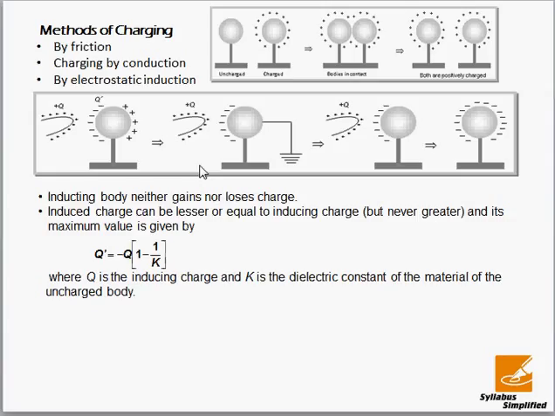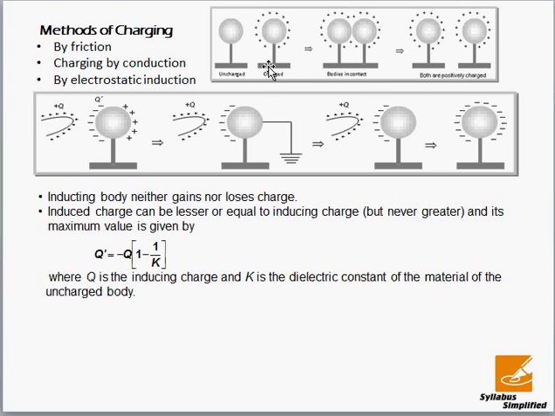The second method is charging by conduction. As shown in this diagram over here, this is the method which is showing how a body can be charged by conduction.